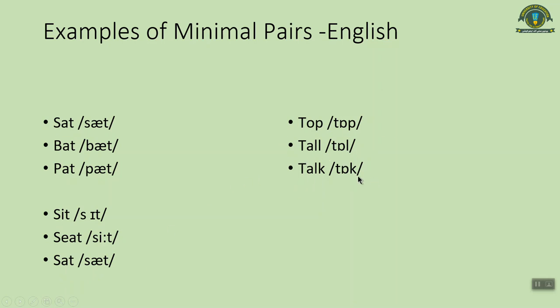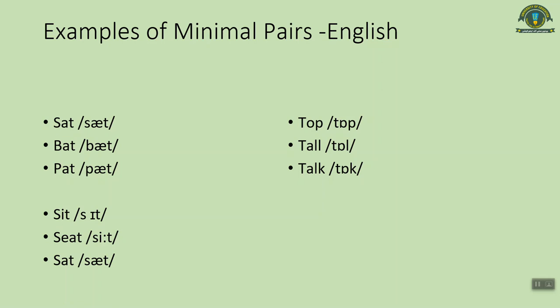Here the initial phoneme was different. Here the middle phoneme is different: sit, seed and sat. You can see s and t are the same in all these examples. The middle vowel is different. Here the last phoneme, the final phoneme, is different, like per, la and ka. The first two are the same. So we have to change only one phoneme and it is going to change the meaning. This is called minimal pairs.